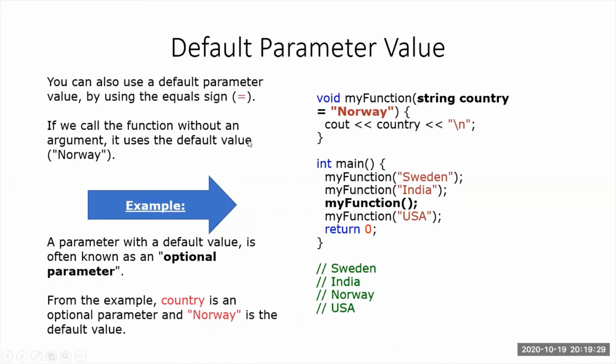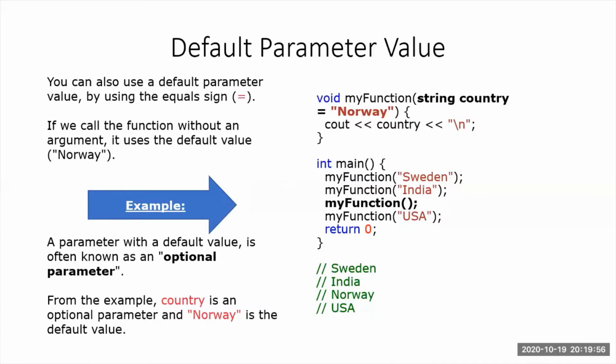You can also use a default parameter value by using the equal sign. So if we call a function without an argument, it uses the default value Norway. In this example, because we're not necessarily making a variable constant, if the user does not pass in any value to the function, then your function has to still print something, right?